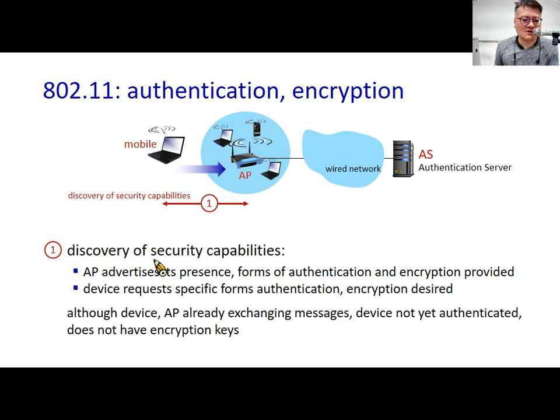Then discovery of security capability. The AP advertises its presence and the forms of authentication and encryption provided. The device requests a specific form of authentication and encryption. Although the device and AP have already exchanged messages, the device is not yet authenticated and does not have any encryption key.